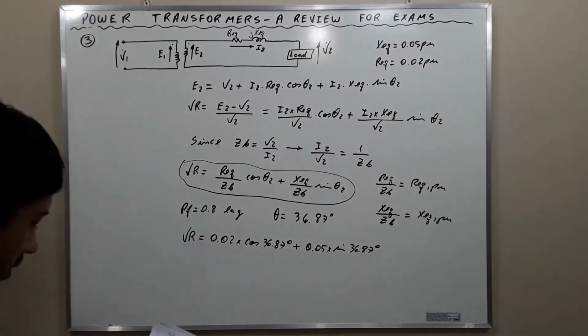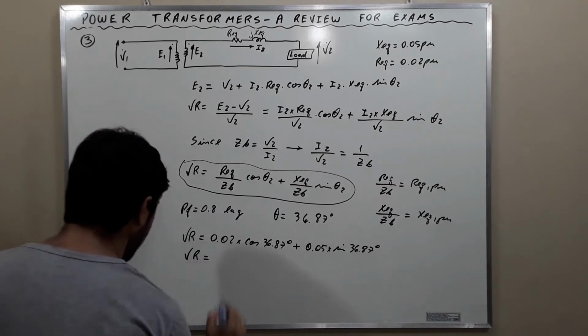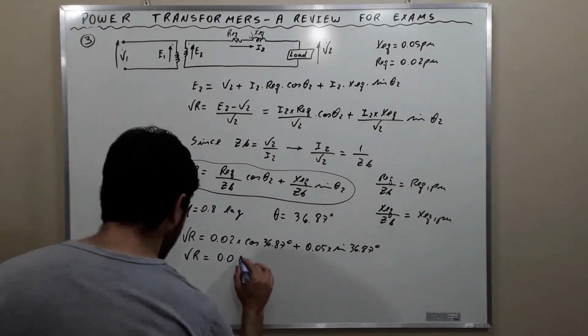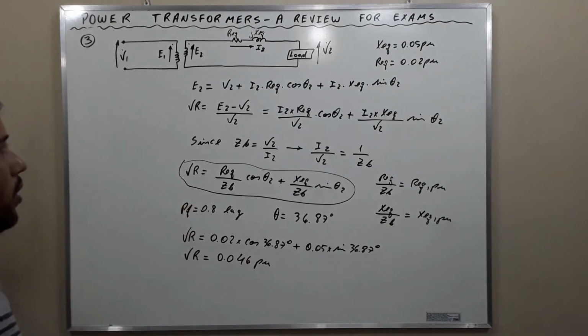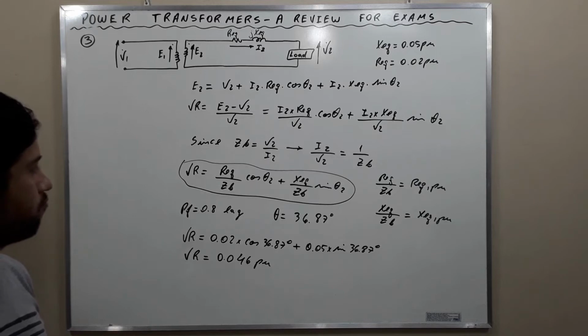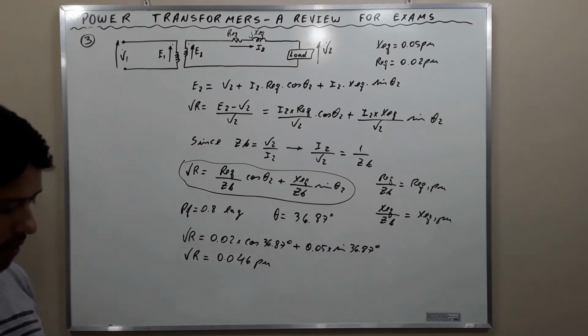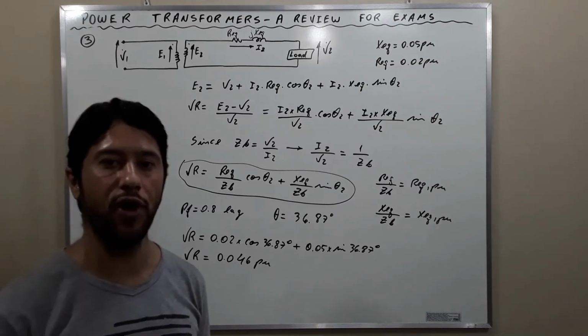Okay, calculating this, we reach the voltage regulation as 0.046 per unit. Okay, my friends, this is all the exercise wanted us to calculate, and it was then exercise 3. Let's move on to exercise 4 now.